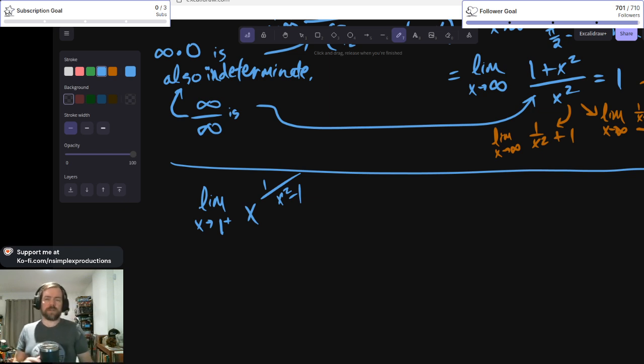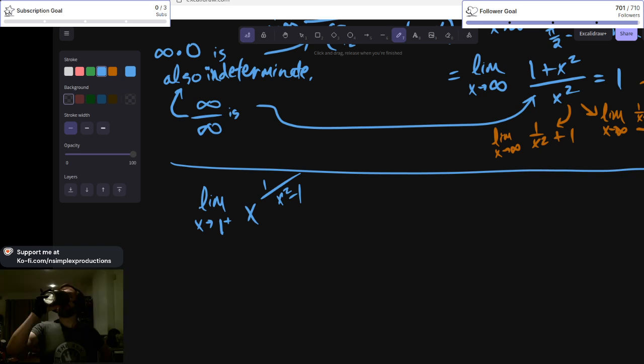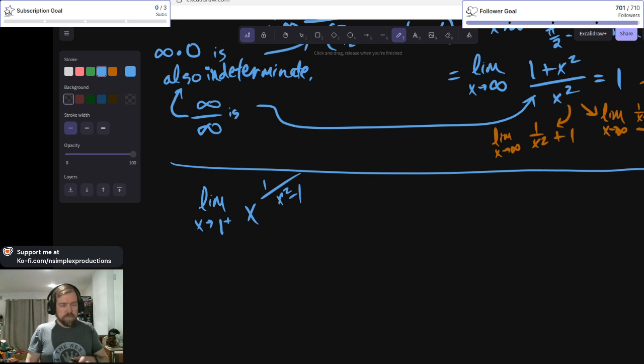If we try and just plug a number in, we're going to get 1 on the positive side, raised to the 1 over 0, which is infinity, and it seems like that should go to infinity. But it is still indeterminate. We don't know entirely.